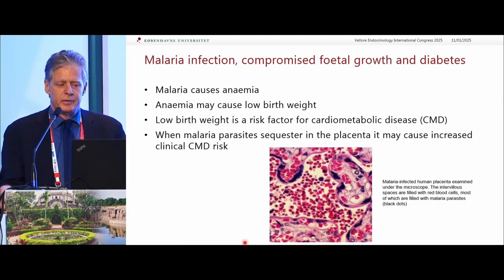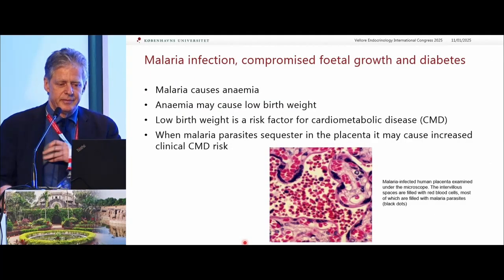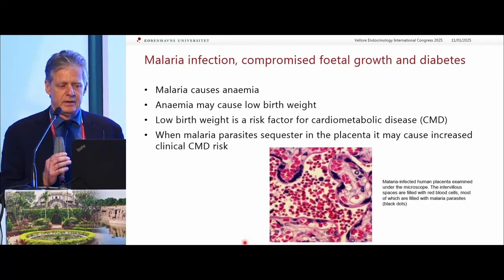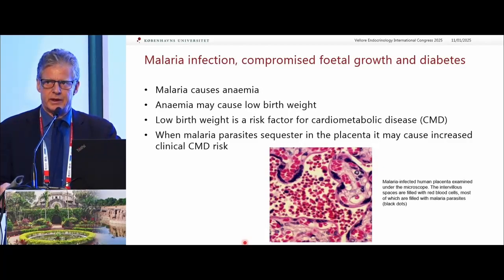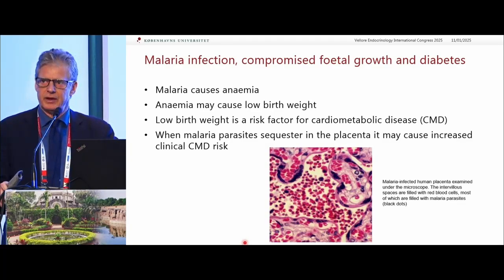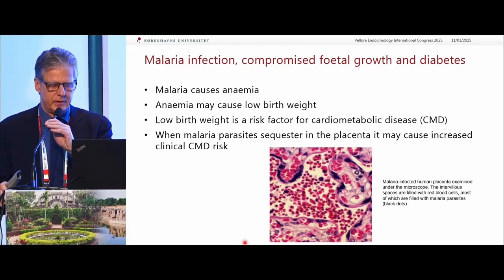So when we look at malaria infection, compromised fetal growth and diabetes, we know that malaria causes anemia. That's quite well known. It's also quite well known that anemia may cause low birth weight, and that low birth weight is a risk factor for cardiometabolic diseases, including diabetes.